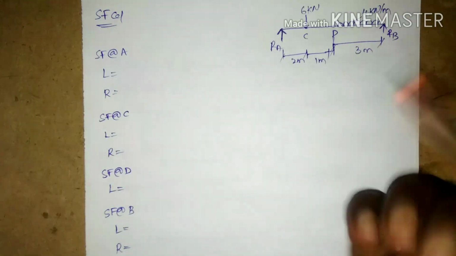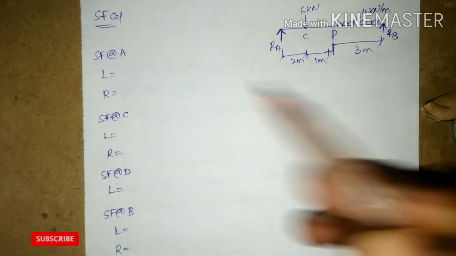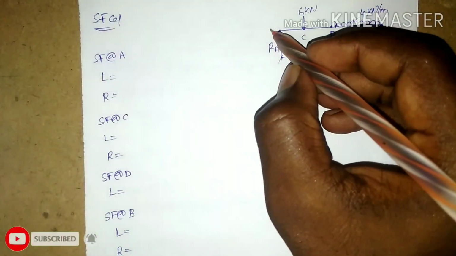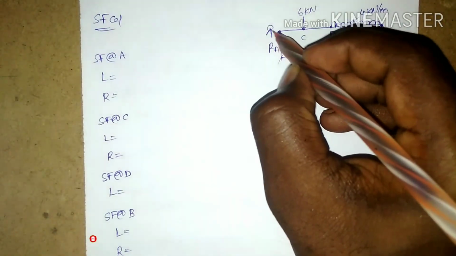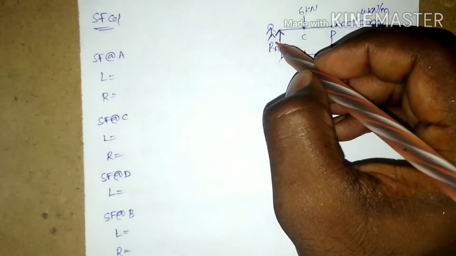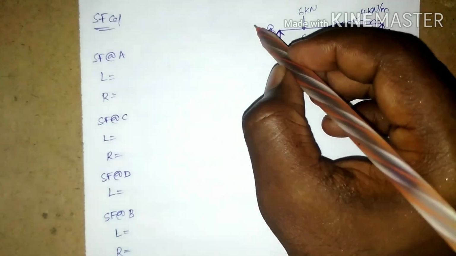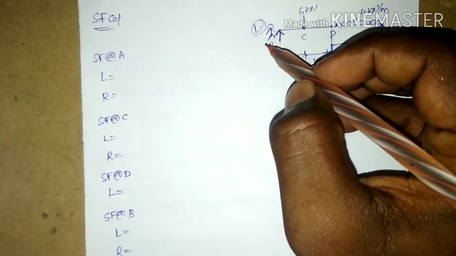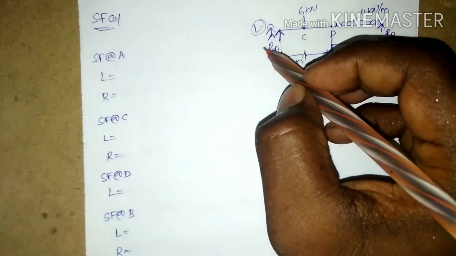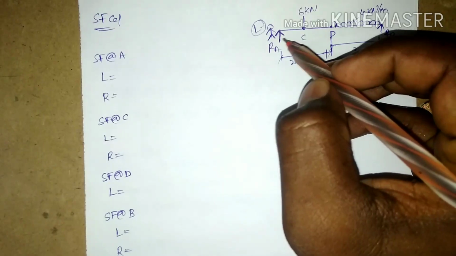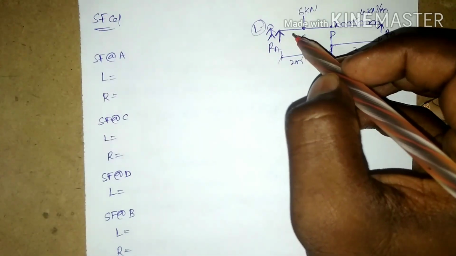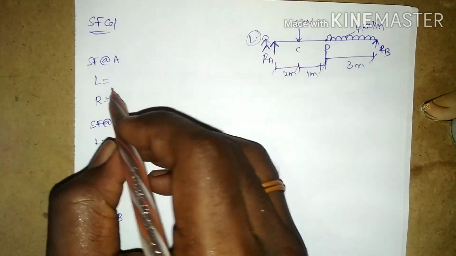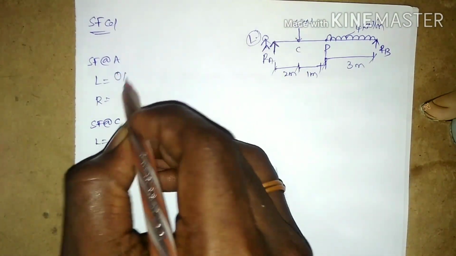For A, the shear force at the left of A will be 0, because if I stand just left of the A support and look towards the left side, we don't find any reactions or supports acting on this beam, so I consider it as 0 kilonewtons.